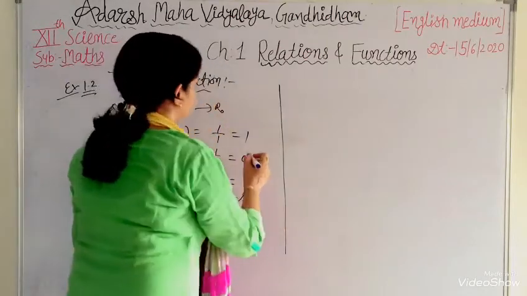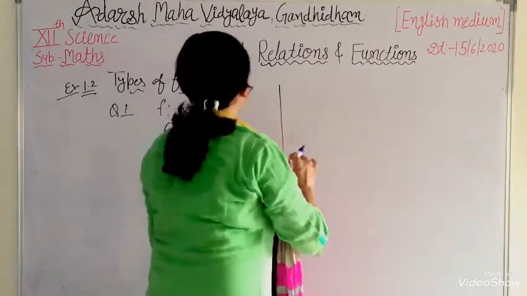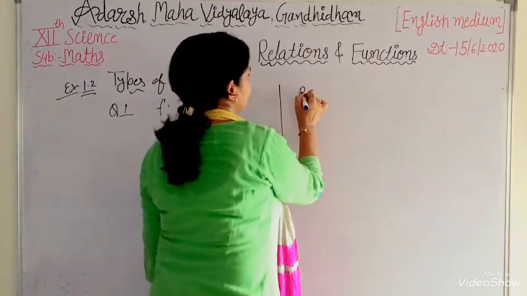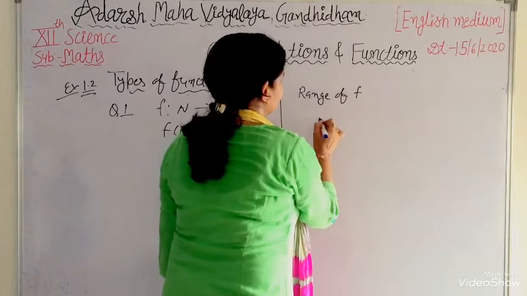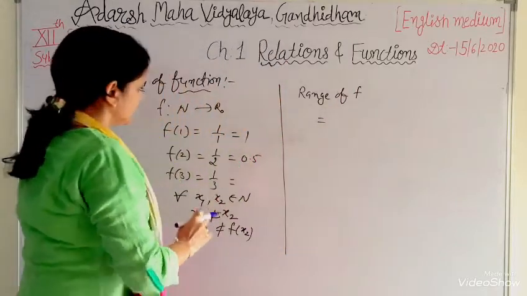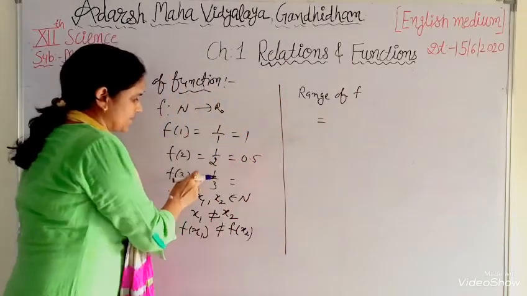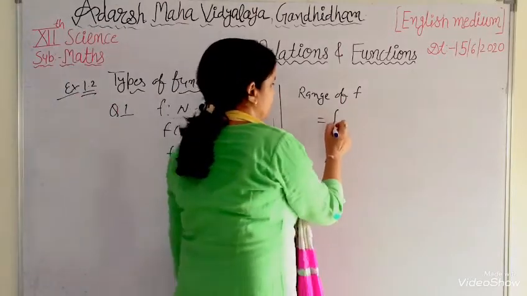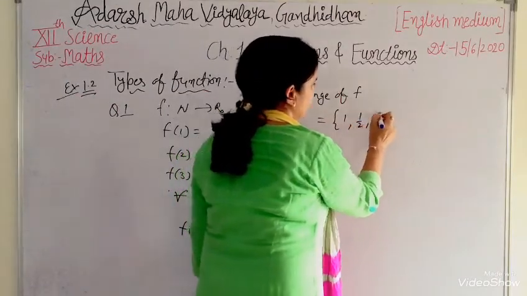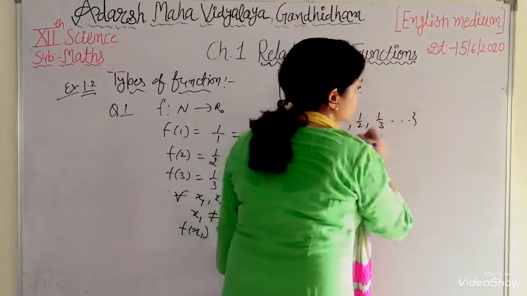But for onto, students, here the range of f. What is the range? See, you will get 1, 1 by 2, 1 by 3, 1 by 4 and so on. So the range will be 1, 1 by 2, 1 by 3 and so on.